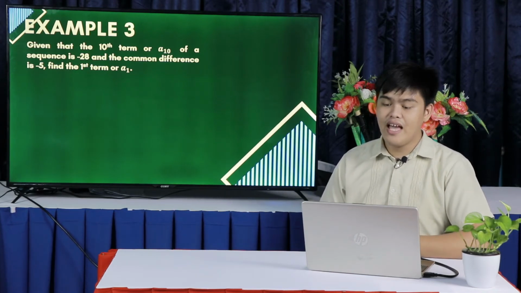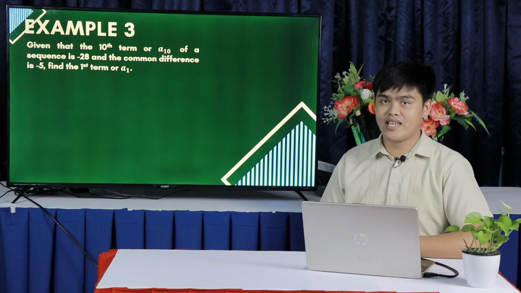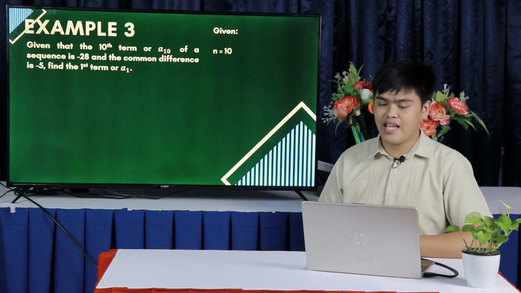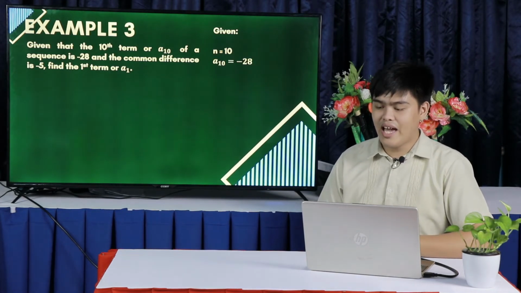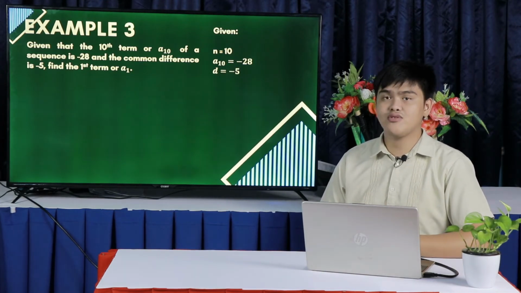I repeat, given that the 10th term of a sequence or a sub 10 is negative 28 and the common difference is negative 5, find the first term or a sub 1. Since the nth term is a sub 10 or the 10th term, our n will likewise be equal to 10. We simply substitute our values into the formula.